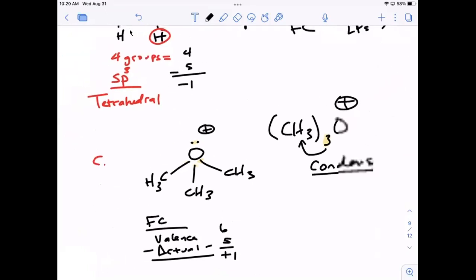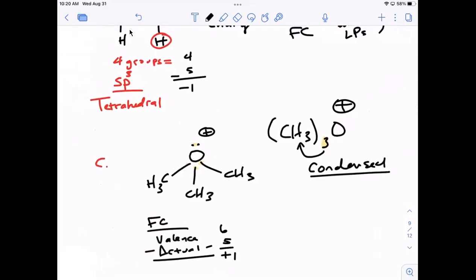All right, now let's answer the other question about the hybridization state. How many groups are around this oxygen? A lone pair is a group. 4. Okay, excellent. So 4 groups. So that means it's SP what?